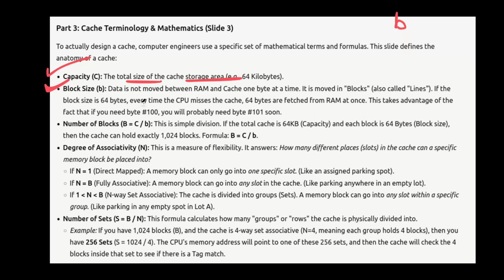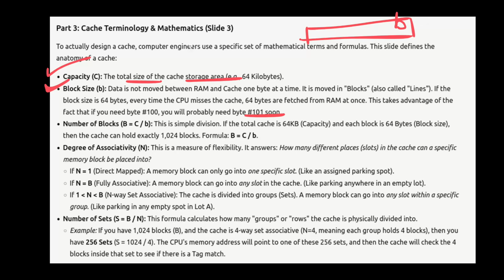This takes advantage of the fact that if you need byte 100, you will probably need byte 101 soon. So in blocks the data is actually stored in the cache.